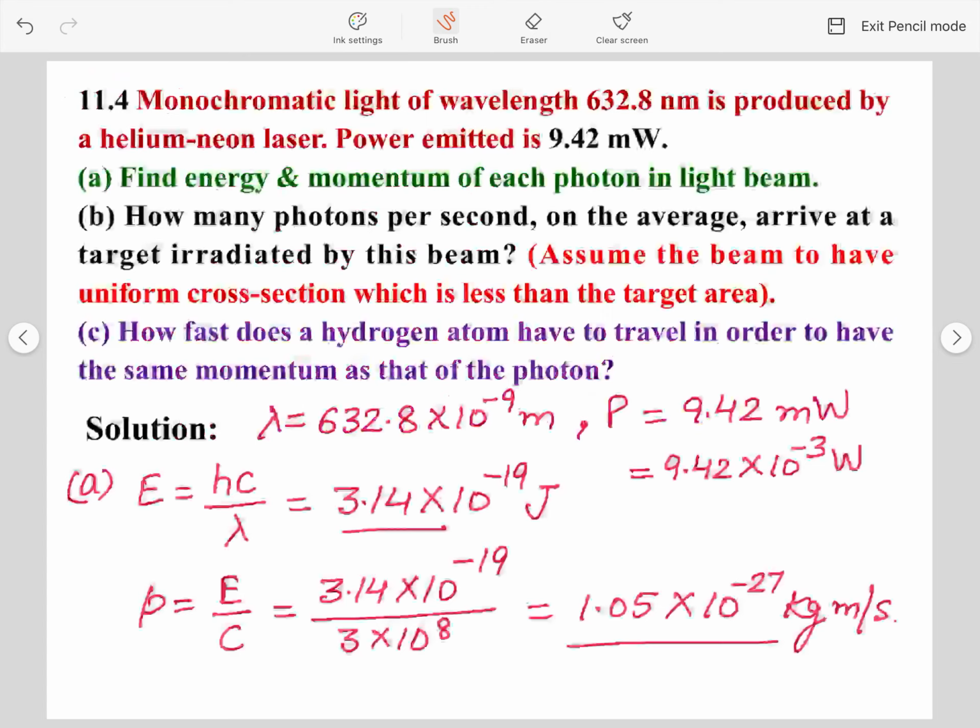Then in part third, we have to find how fast does a hydrogen atom have to travel in order to have the same momentum as that of photon. C part. How fast a hydrogen atom.